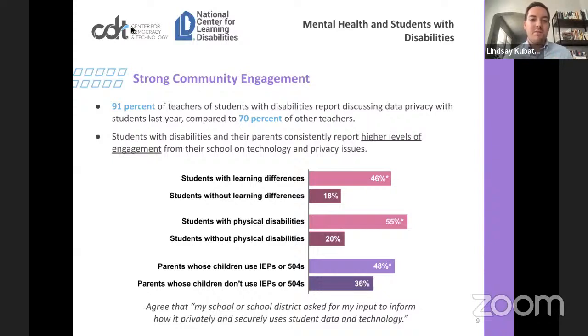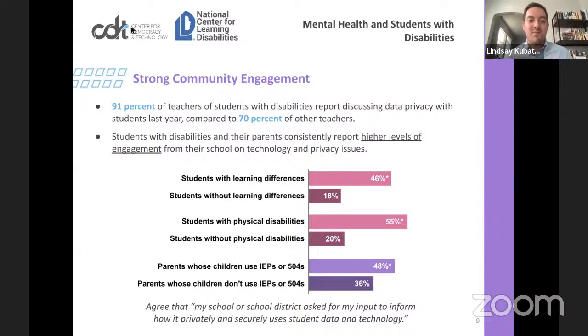For students with physical disabilities, it could be that the school staff has access to medical records or other private information, and so they might be discussing that with the student and family. The content of these records is often very sensitive or personal to the family and the student, and therefore it's really important for them to feel like this information is private and confidential.